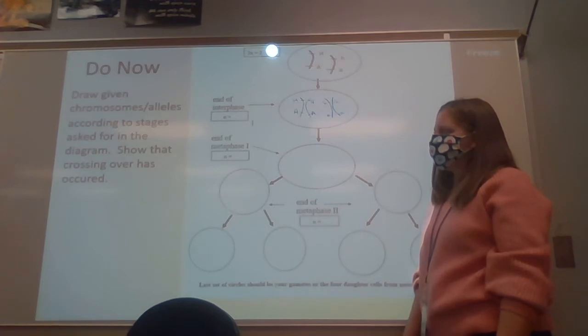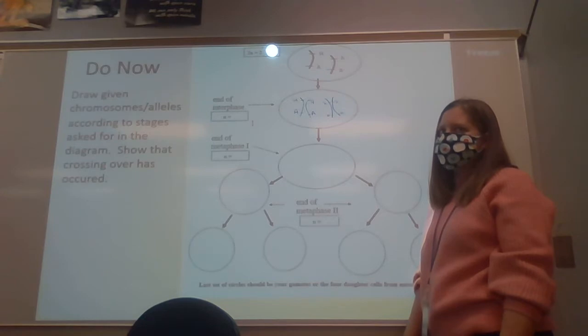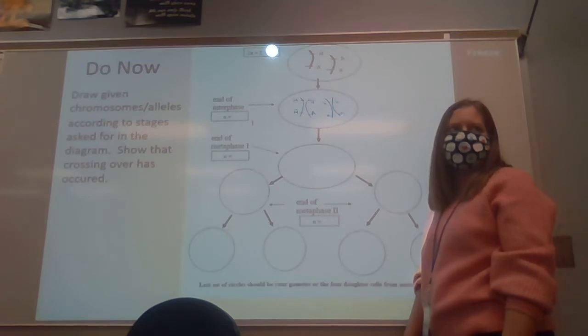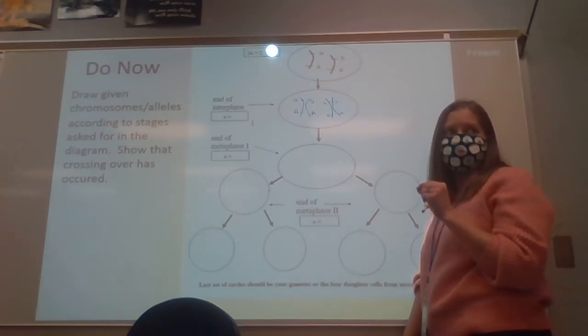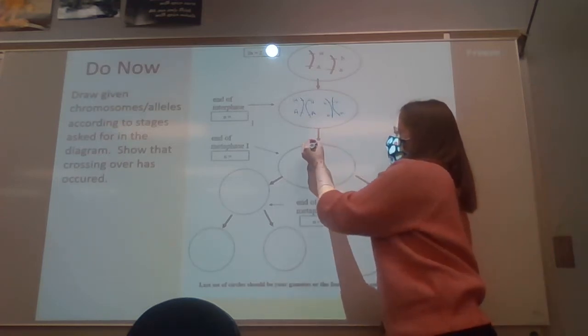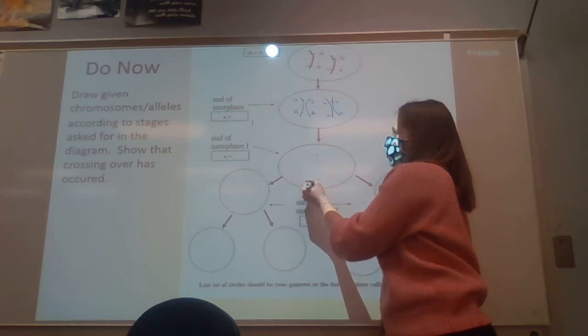Metaphase 1, what happens in metaphase 1? In any metaphase, what happens? The chromosomes line up in the middle. The special thing in meiosis is that when they line up the first time, they're lining up in pairs, in tetrads, right? So the homologous chromosomes have paired up. I only have one set of chromosomes here.